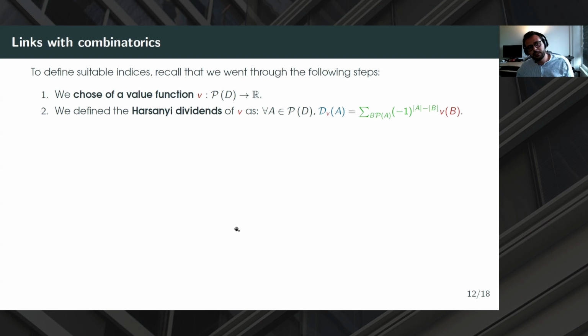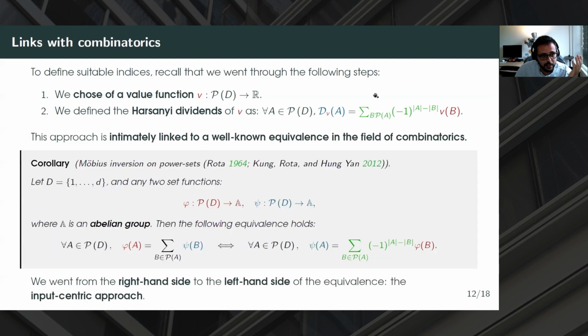So now, for the links with combinatorics. Let's just recall what we did. The first thing that we did is that we chose a value function, v, a set function, and then we defined Harsanyi dividends this way. Something that we found is that it's intimately linked to a well-known equivalence in the field of combinatorics, which is known as a generalization of the Mobius inversion formula on power sets.